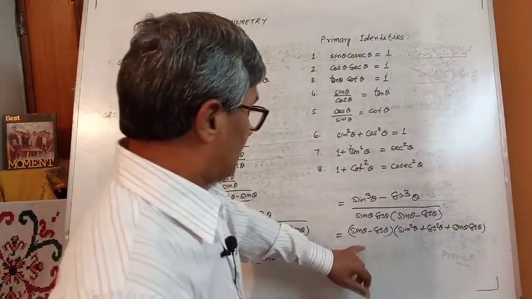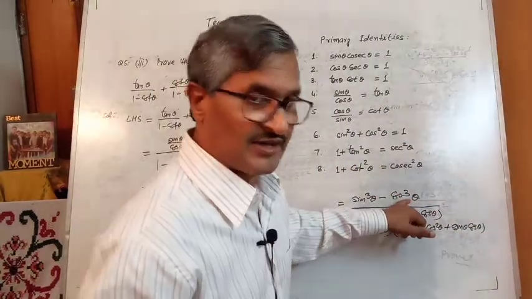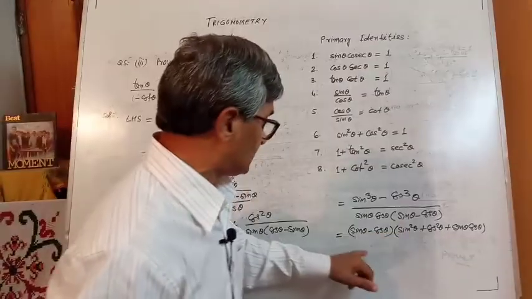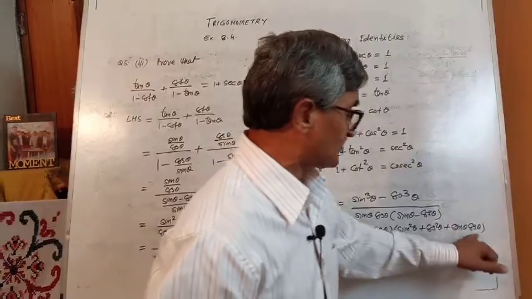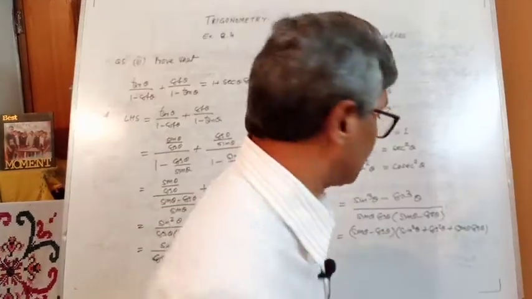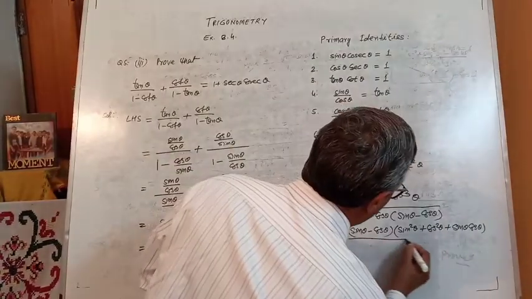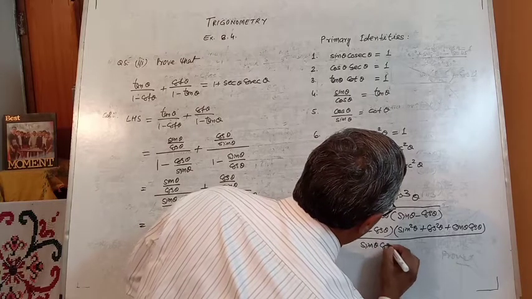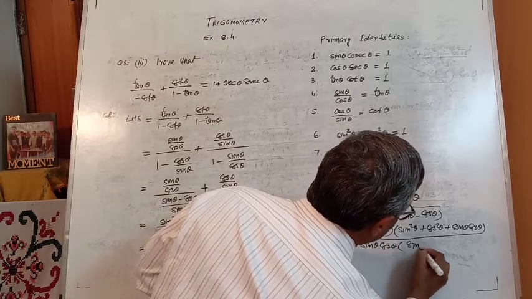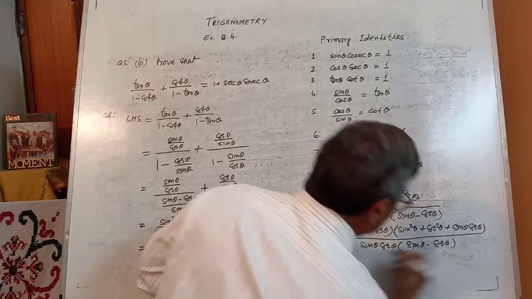The identity is a cube minus b cube equals a minus b, a square plus b square plus ab. This is the identity which you have learned in class 9. And denominator as it is, sin theta cos theta in bracket sin theta minus cos theta.